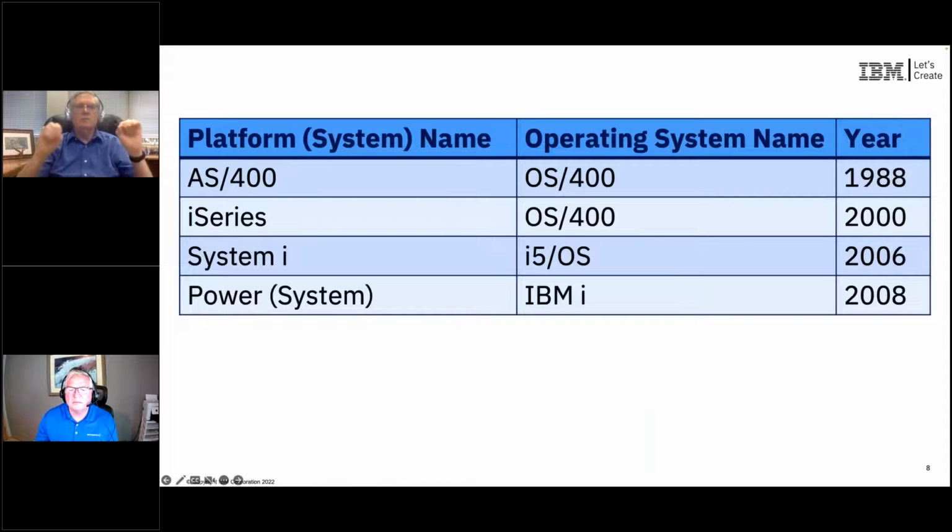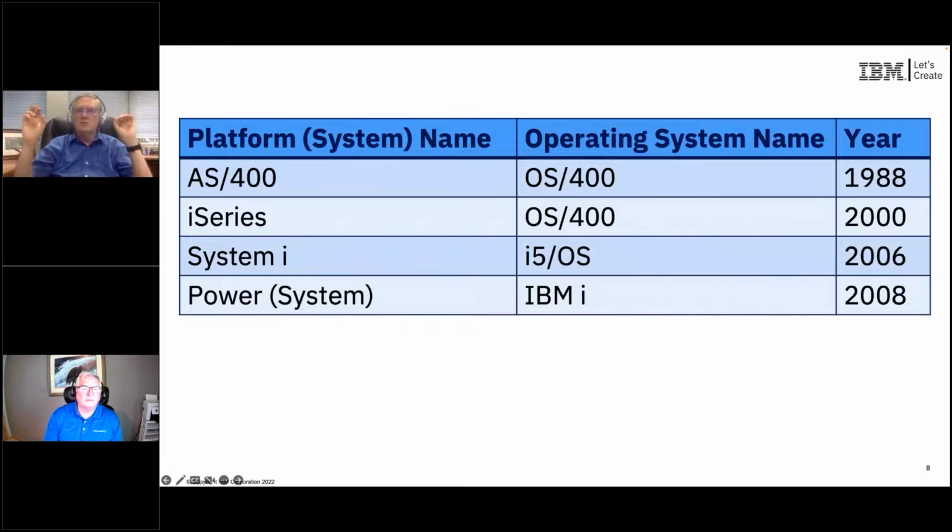Back at the beginning, the platform that you ran on was the AS/400. That's what people think of. The operating system actually had its own name. It was called OS/400. So the architecture of what I showed you, while there were pieces of it implemented in the hardware platform, the AS/400 platform, was primarily an operating system architecture of the OS/400.